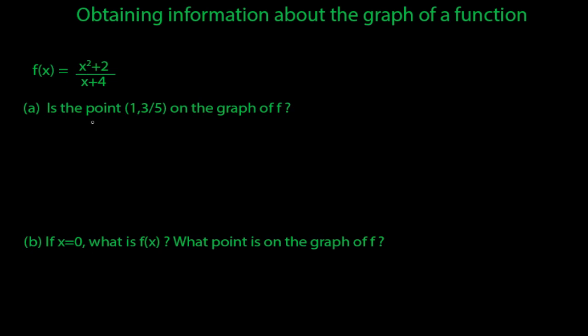Now, the very first question says you should verify, or check, if the point (1, 3/5) is on the graph. What this actually means is that when x equals 1, then f of x equals 3 over 5.